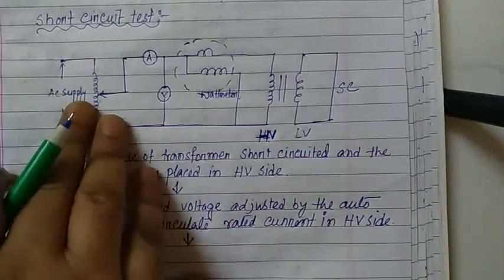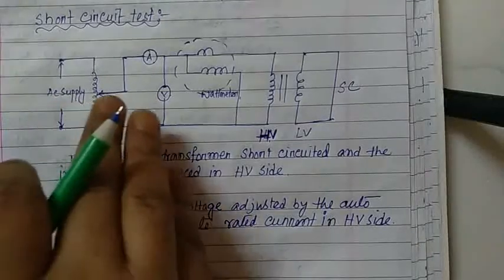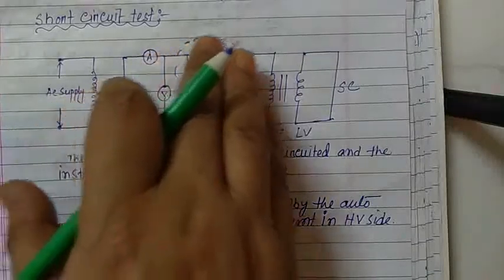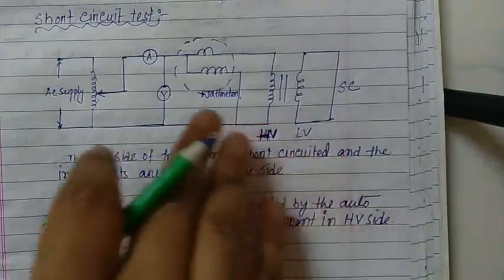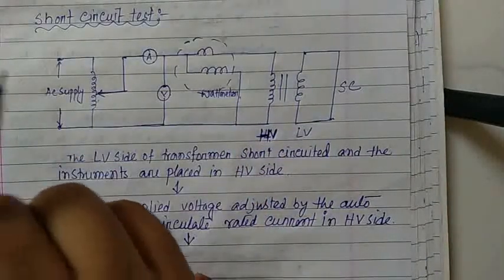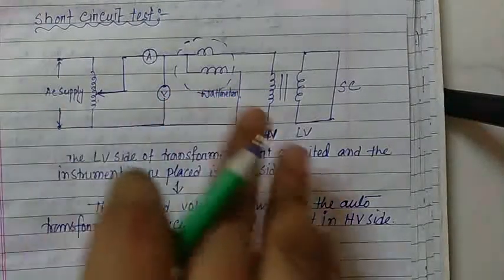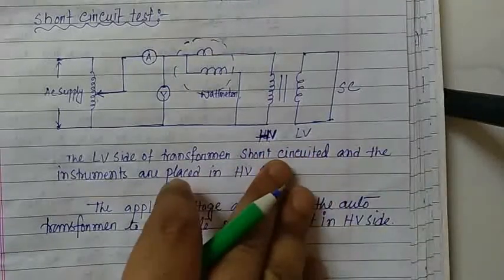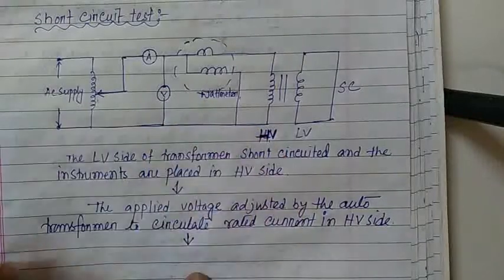A very small amount of voltage must circulate the rated current of the high voltage side. The voltage is about 2 to 12% of rated value, which is sufficient to circulate the rated current of the high voltage side.